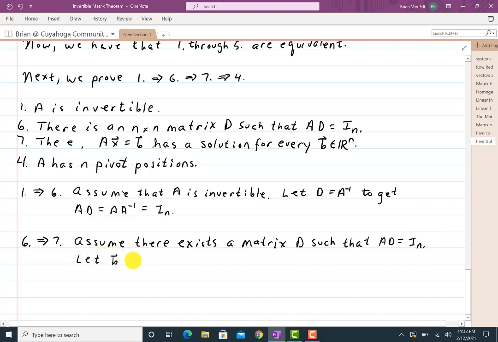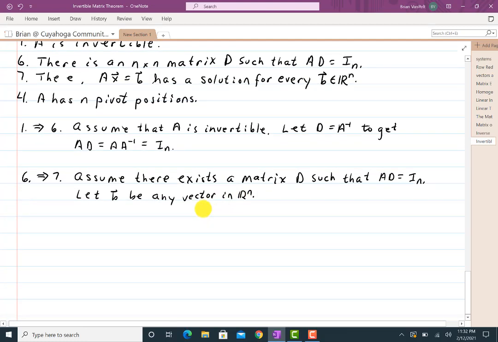Let B be any vector in Rn. Then we have AD equals IN. So AD times B on the right is equal to INB. Of course, INB is just B.